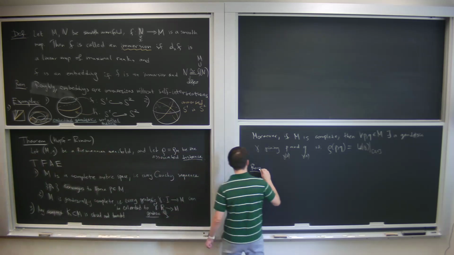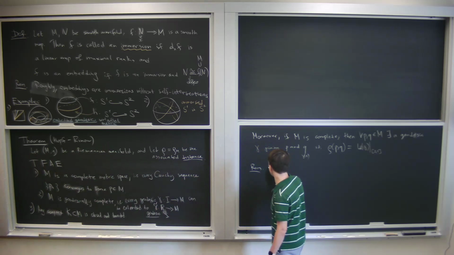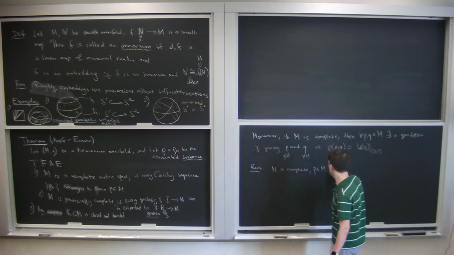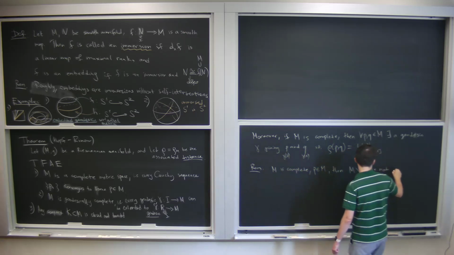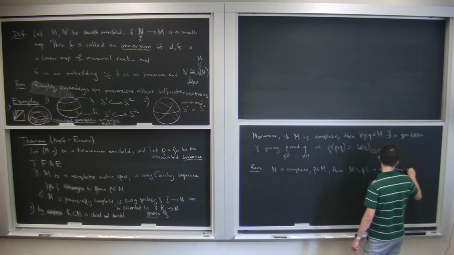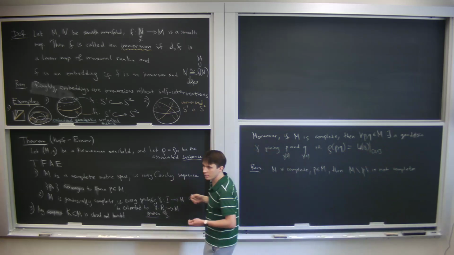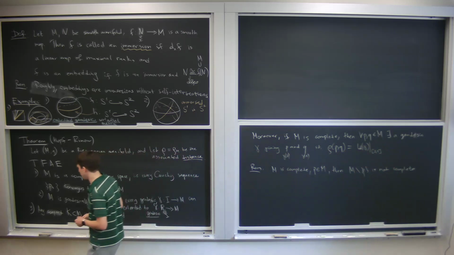And I wanted just to say, as a remark, if M is complete and P is a point in M, then definitely M without P is not complete. Since if you remove a point which is a limit of some Cauchy sequence, then you'll get something non-complete.